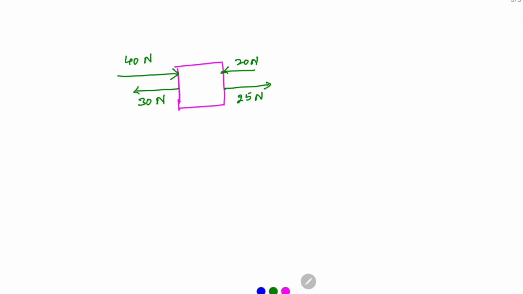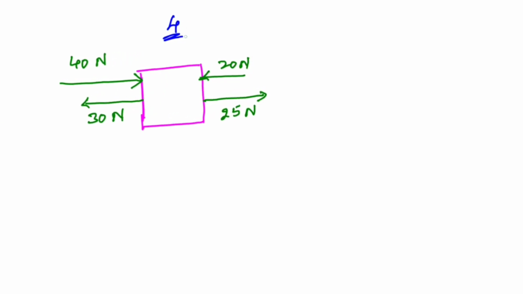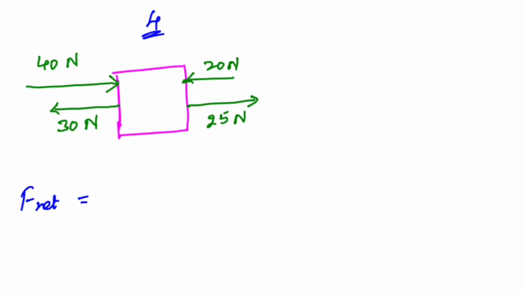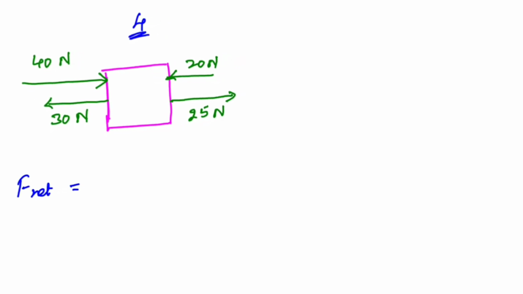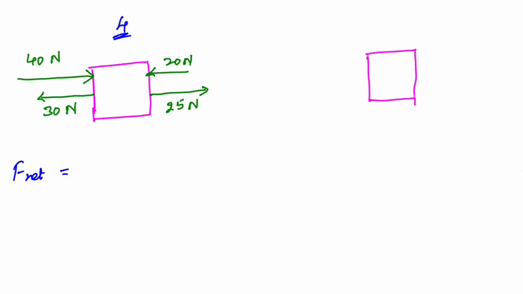Here how many forces are acting, my dear? Very good. 4 forces are acting on this body. Now let's find what is the net force acting on this body. So we can replace all these forces with a single force on this body. Now let's find what is its magnitude and direction also.